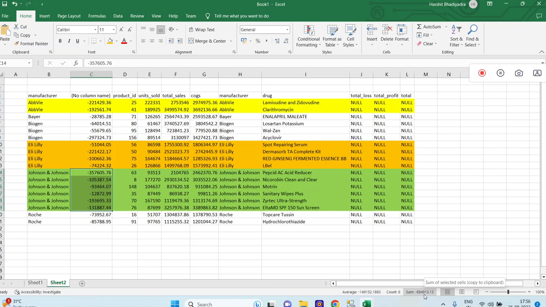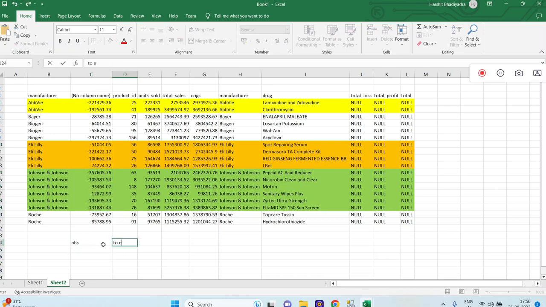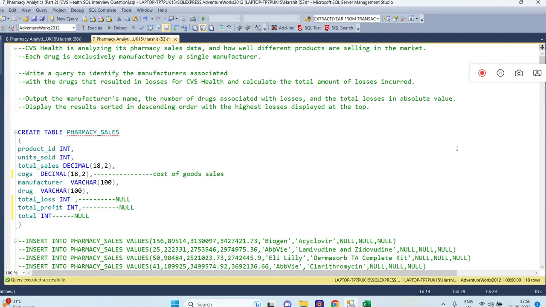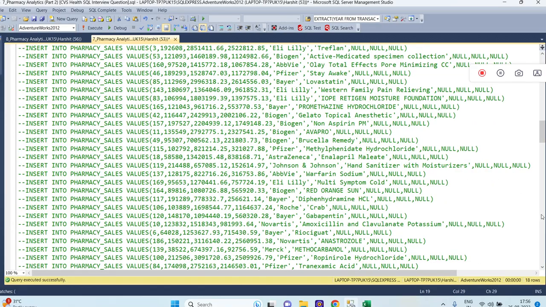And it is giving it to us in minus. So we need to eliminate the minus sign by using the ABS function, the absolute function. So now again let's jump to the solution.